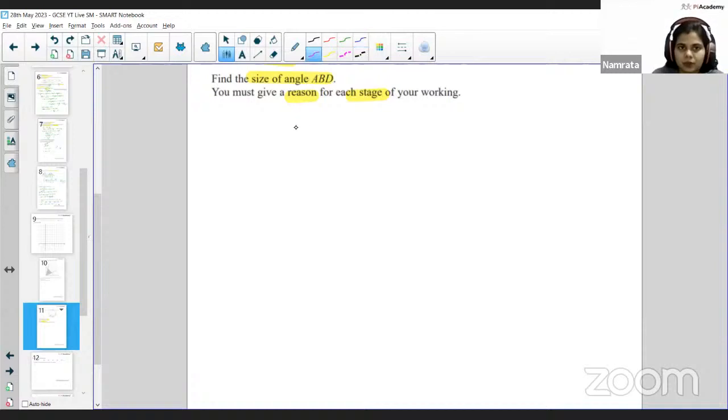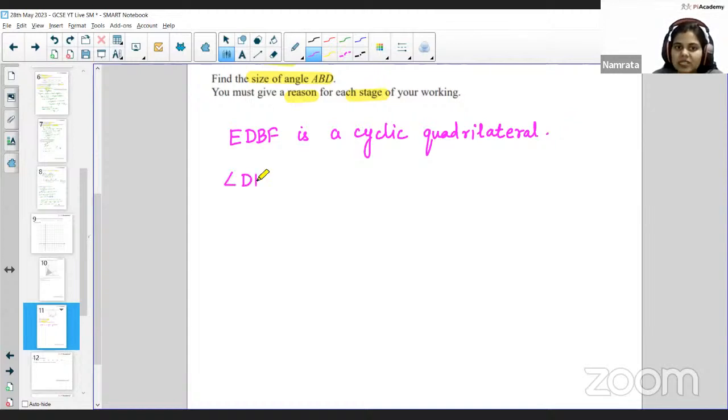EDBF is a cyclic quadrilateral, which means angle DEF plus angle DBF will be 180.